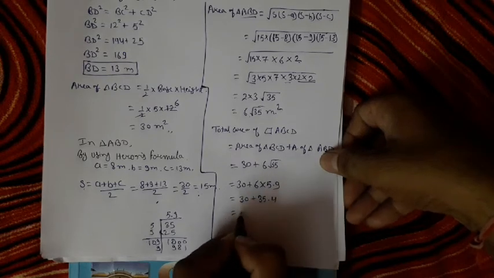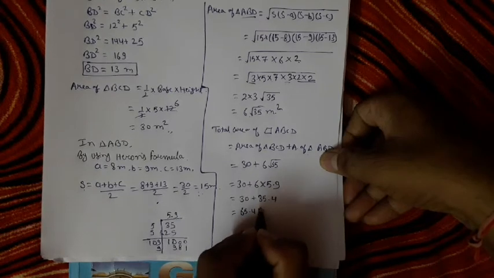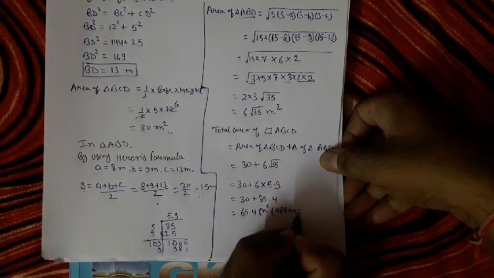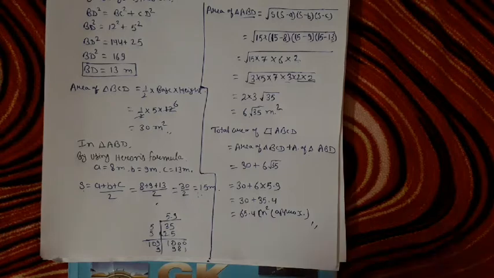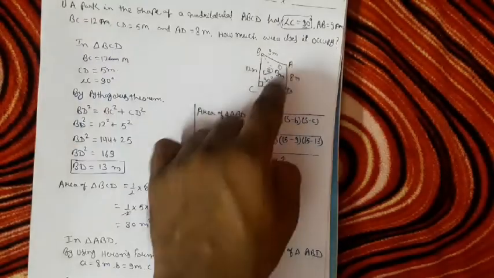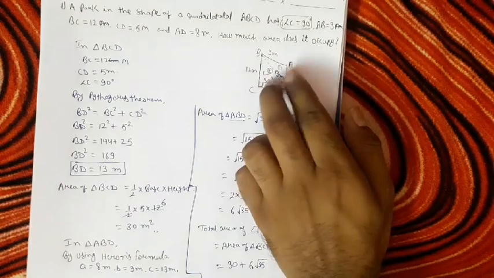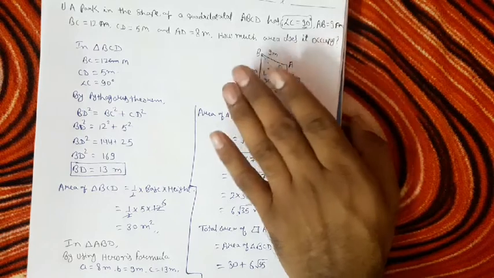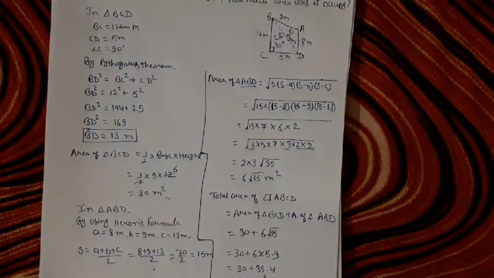So when you add 30 and 35.4, you'll get 65.4 meter square, and write it approx. This would be the answer of this question. So what we have to do, we have to divide the given quadrilateral into two triangles, and we have to find the areas of two triangles separately, and finally we'll add them and we'll get the area of this quadrilateral.